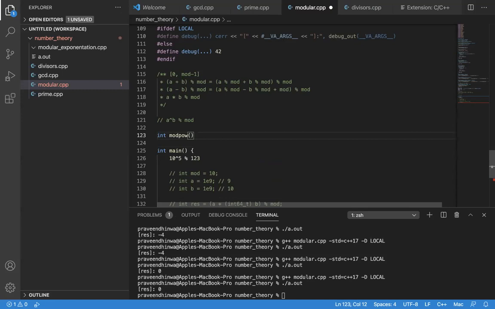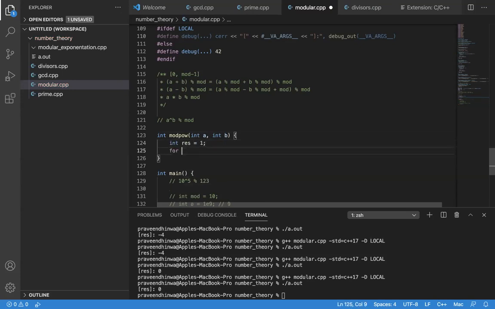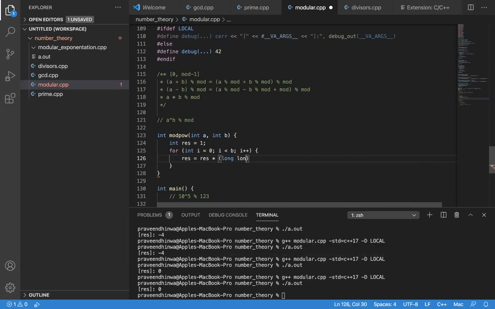Mod pow, let's call it mod pow, int a, int b. What is the simplest approach? You say int res equal to 1, and then you go over b and you multiply res is equal to res times long of a percent mod.